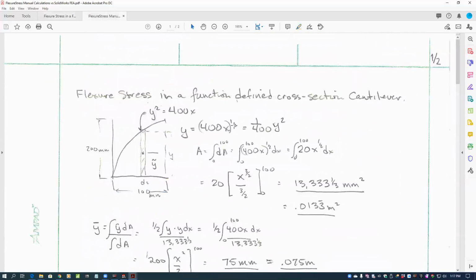So the section properties, it'd be well to first calculate the area underneath this curve.